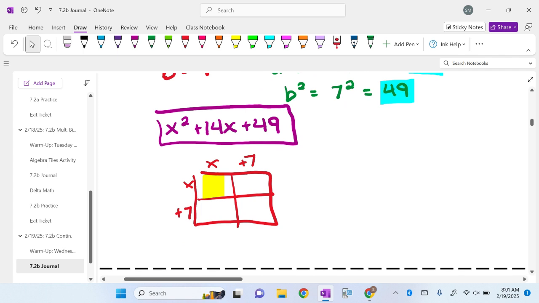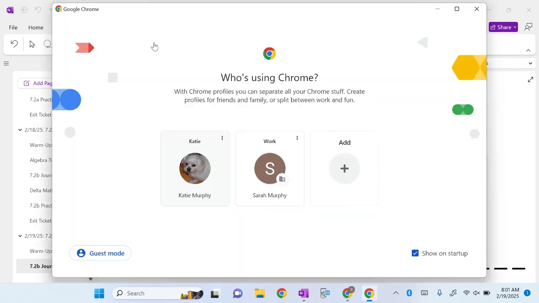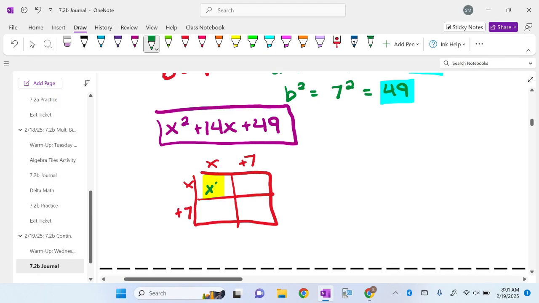So that highlighted box, what am I multiplying together? X and x. So what's x times x? X squared. What about this box? So that'll be 7 times x or 7x. This box.